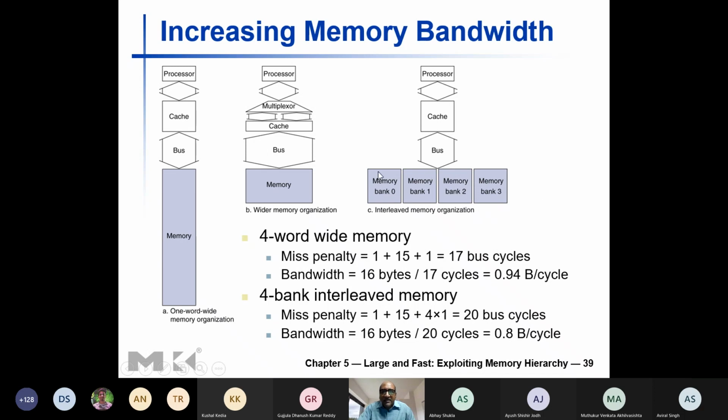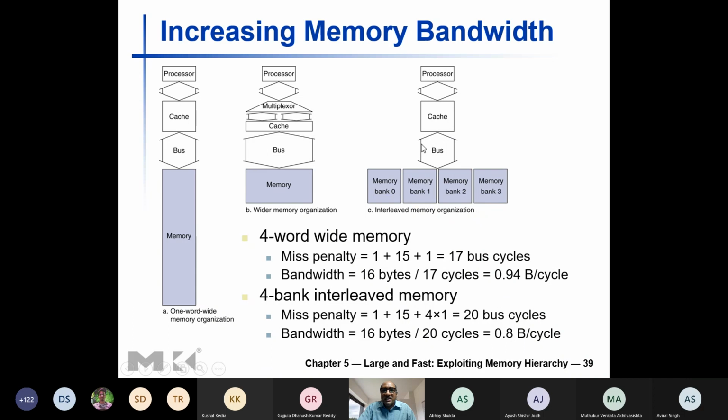Each bank will be organized in word fashion, and you can access these banks in parallel in one access time. Suppose you want to access a particular row, you can access all 4 banks in one access time. Since the bus width equals only 32 bits, or 1 word, you can transfer only word by word. Therefore, this is known as interleaved memory organization.